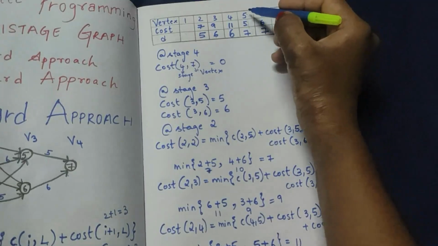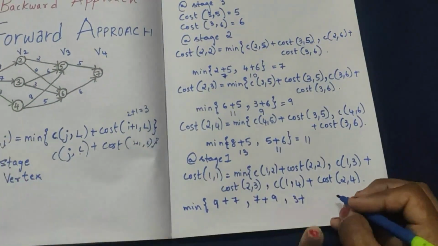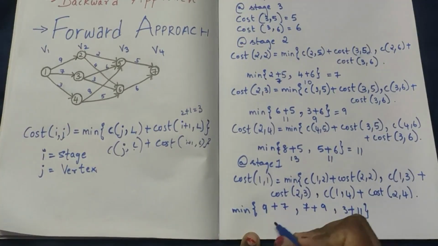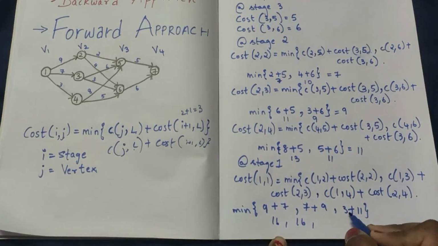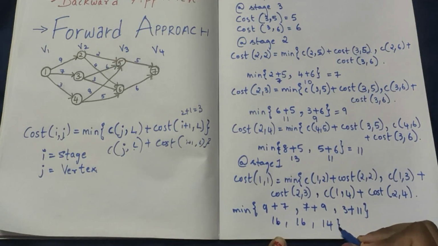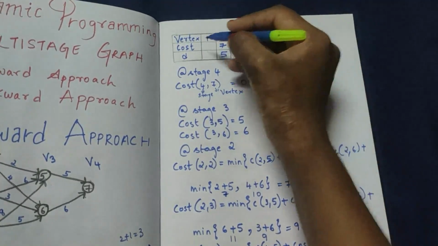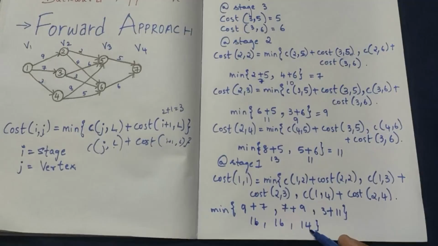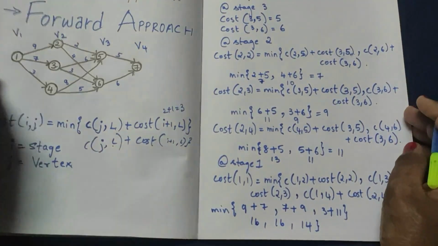So from the fourth vertex the cost is 11. So here 9 plus 7 is 16. 7 plus 9 is 16. 3 plus 11 is 14. So the minimum value is 14. So the vertex 1, the cost is 14. To which distance is that? This third one. So third one, if you see, it is to the vertex 4.